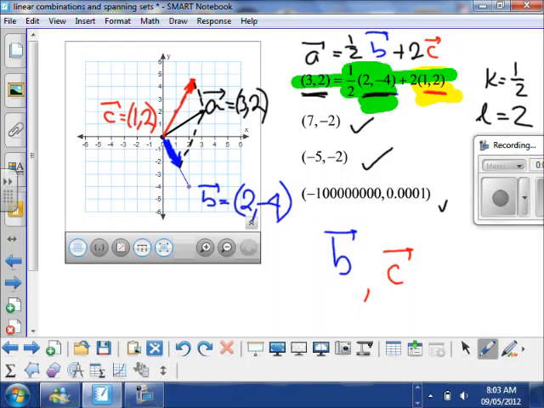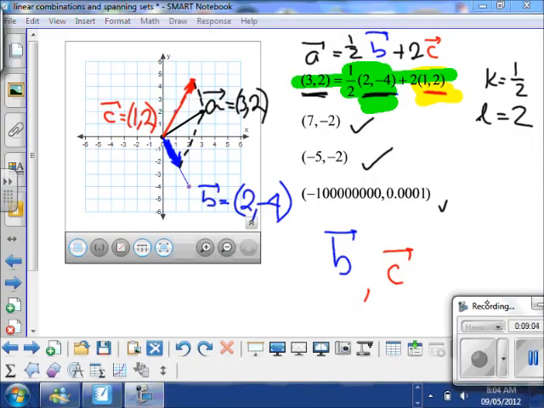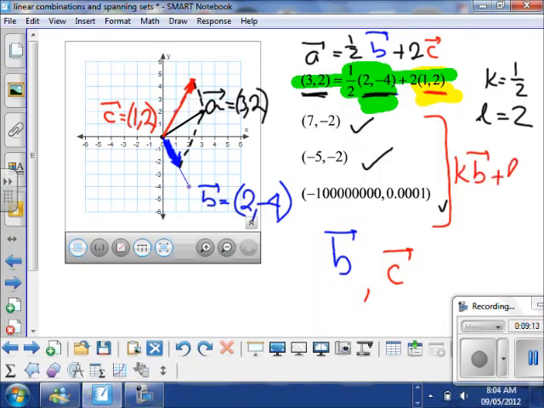I want you to write all these 3 vectors as a linear combination of the 2 vectors that we used before. So I want you to write them as KB plus LC. Do you think you are able to do that? Yeah, the algebra will get messy, but if you try hard, I'm sure you can figure it out.